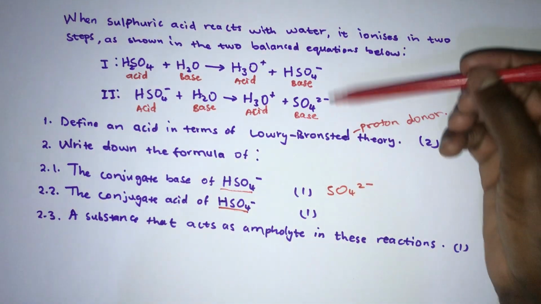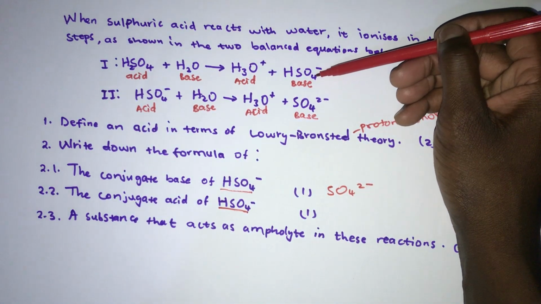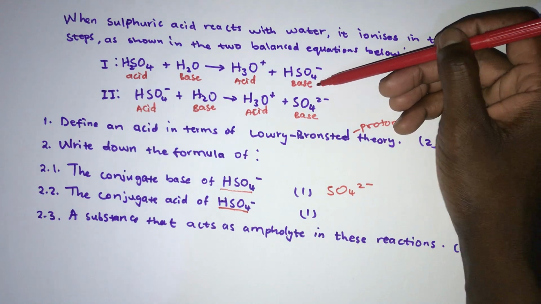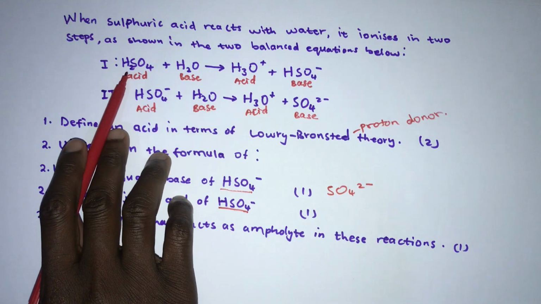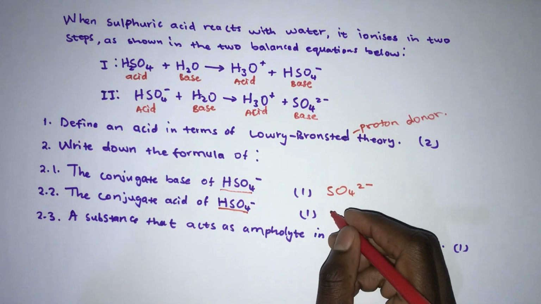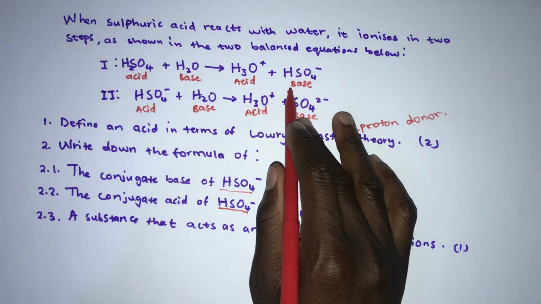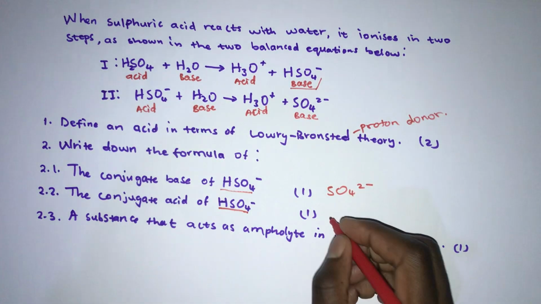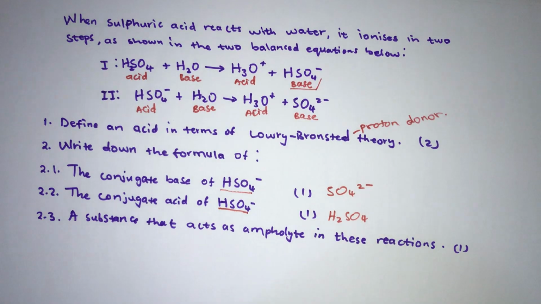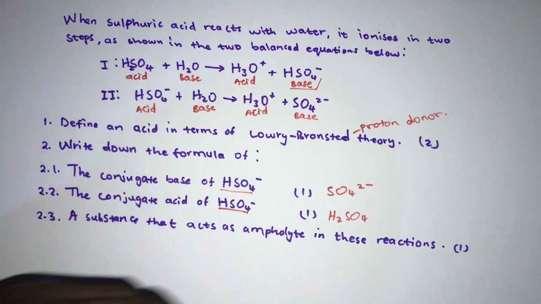So you check this one, HSO4-, it is a base. So its conjugate acid is what? It is H2SO4, because we must move like that, acid base. So the conjugate acid of this one is H2SO4, just like that.